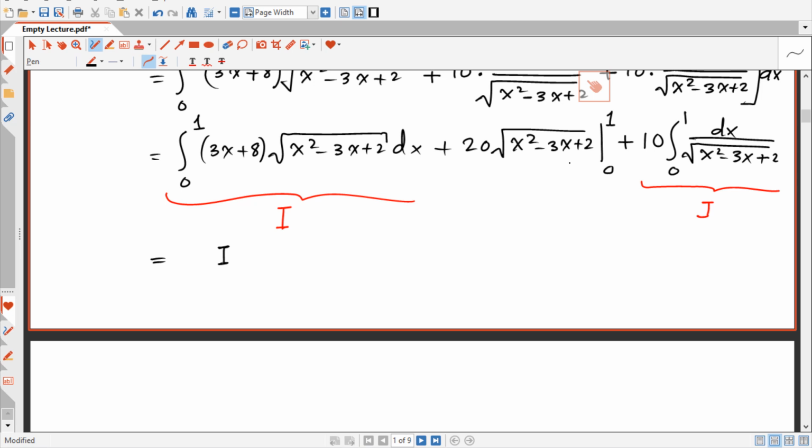If you substitute 0, 0 minus 0 plus 2, that's the square root of 2. So that's minus 20 times the square root of 2, and then plus 10J.